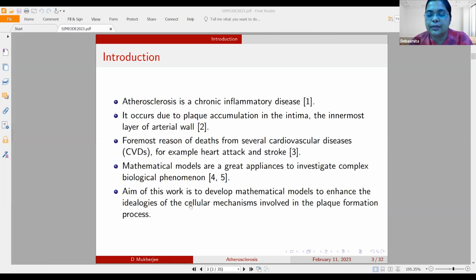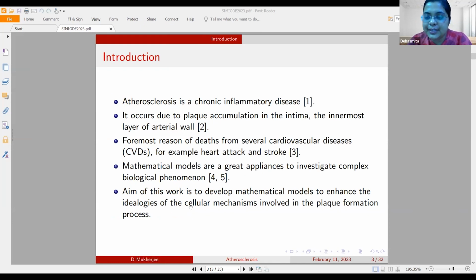So now let us see what is in the introduction. Atherosclerosis is basically a chronic inflammatory disease, and it occurs in the intima layer, which is the innermost layer of the artery, and it is a primary reason for several cardiovascular diseases, for example, heart attack and stroke.